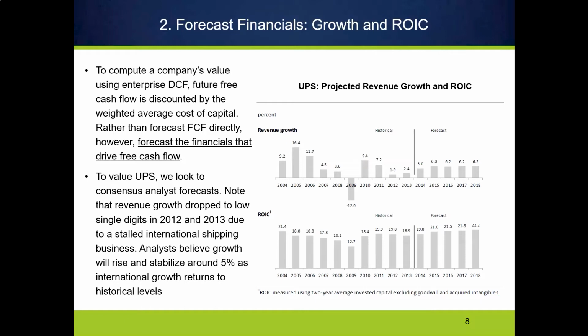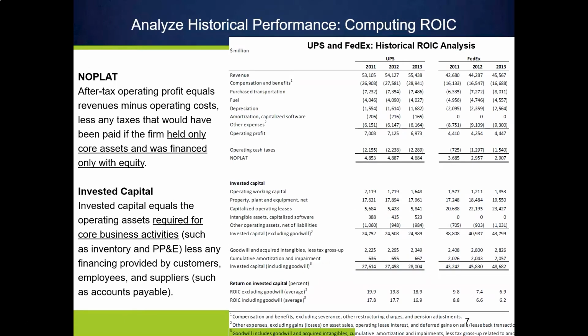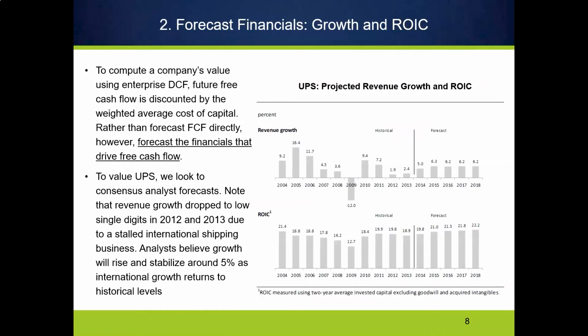But ultimately, remember that historical data is not what we use to determine value. Future data is what we use to determine value. So the forecasted financial statements that we'll come up with, we'll use to calculate forecasted free cash flow, and then we'll take the present value and estimate value.